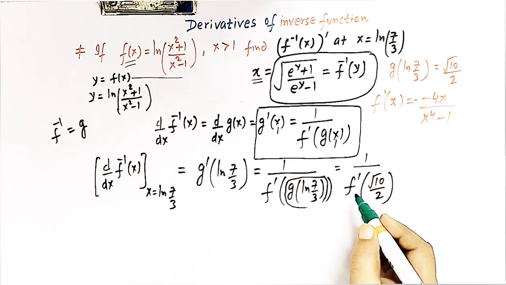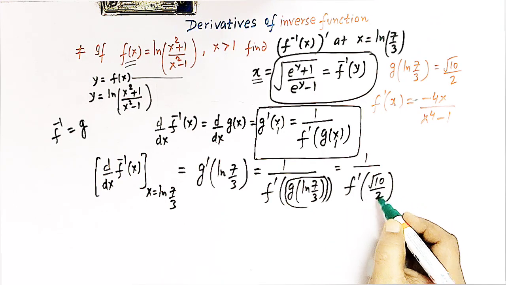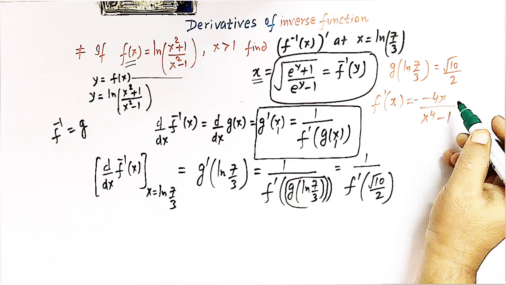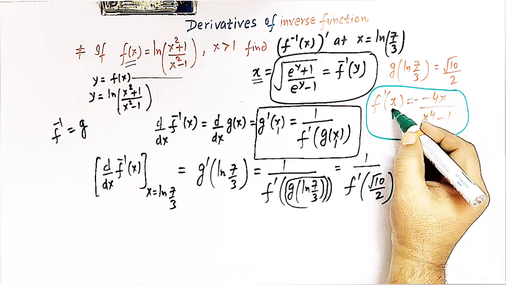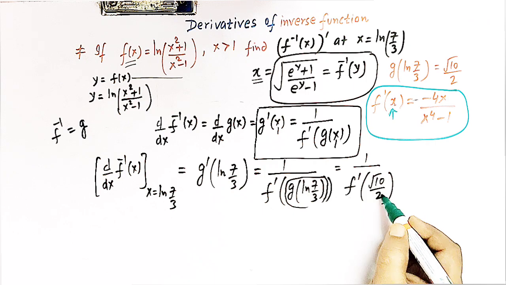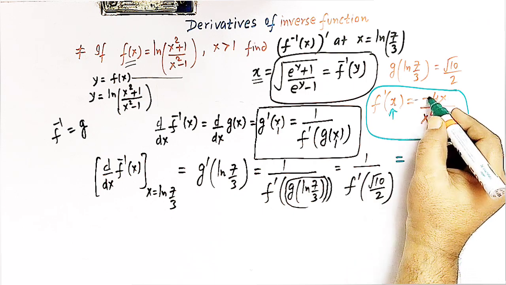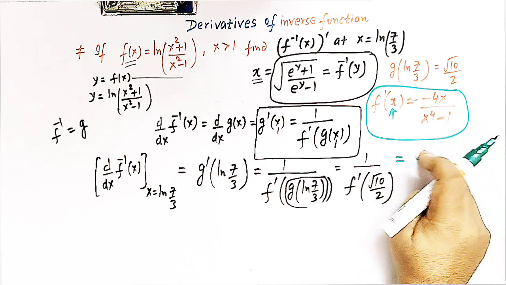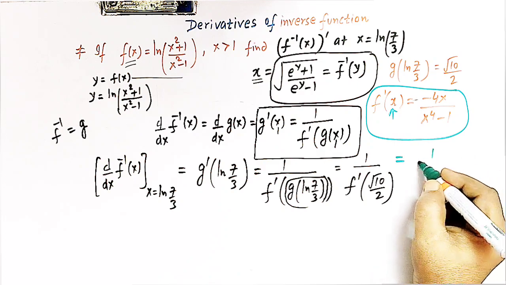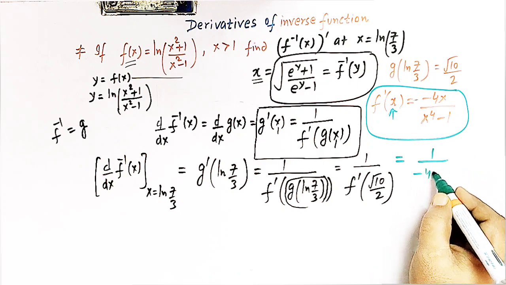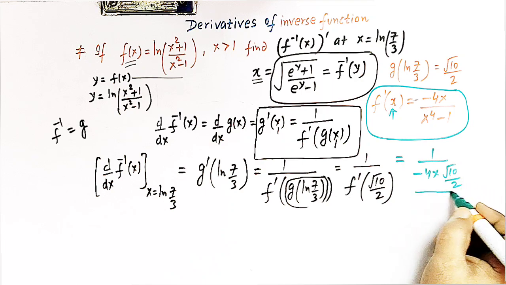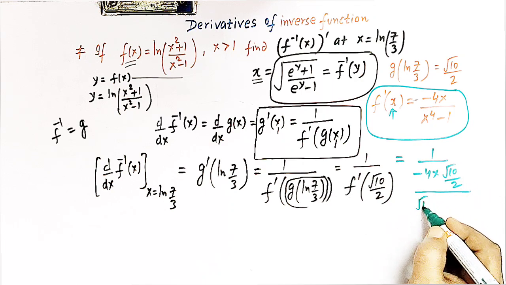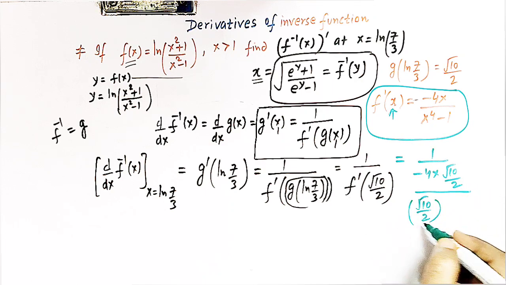So now to get the value of f prime of square root of 10 over 2, we'll make use of this expression, right? And we'll replace this x by square root of 10 over 2, and here we can write 1 over minus 4 times square root of 10 over 2 divided by (square root of 10 over 2) raised to 4 minus 1.